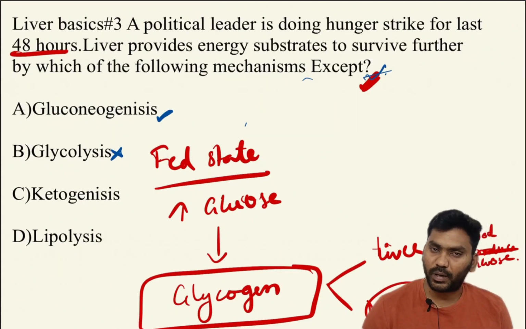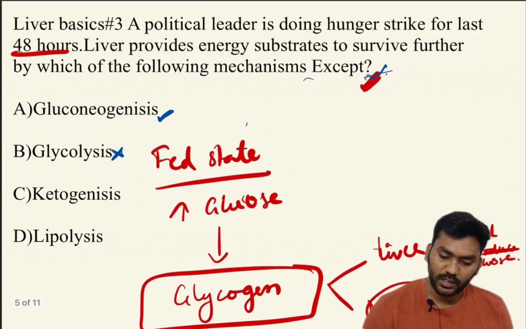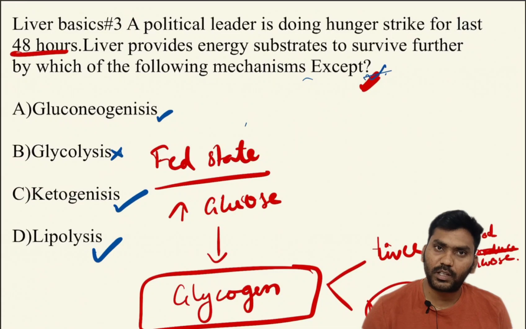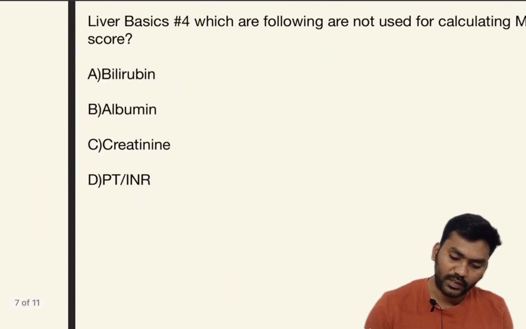Glycolysis is not going to happen in the liver in the fasting state. Next, ketogenesis. Yes, we already discussed that in prolonged fasting, the metabolism will shift towards ketogenesis. And lipolysis, we already discussed, lipid breakdown will happen in the fasting state. So the answer for this question will be glycolysis.